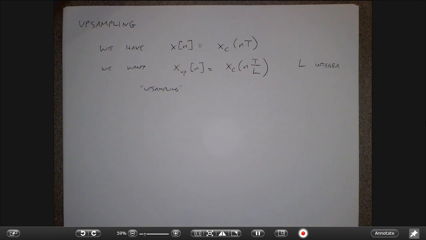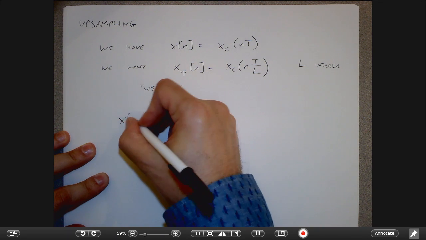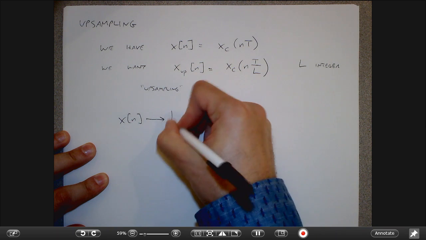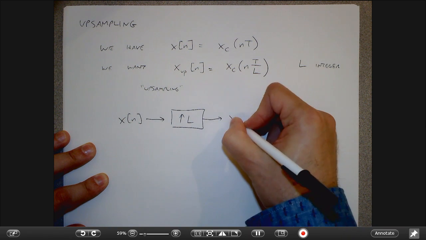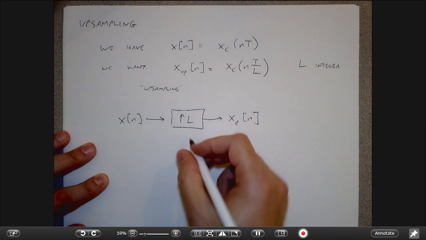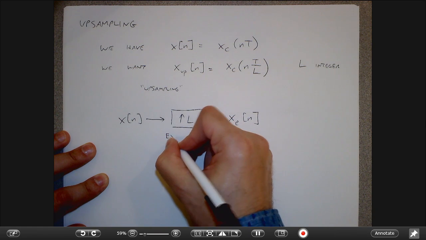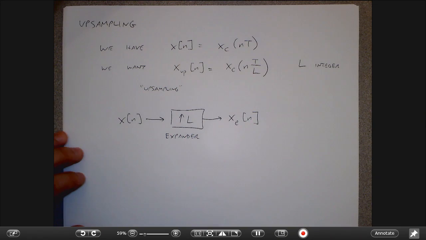And just like there is a little block that looks like a little down arrow, there's also a little block that looks like an up arrow. Just like the other guy was called a compressor, this guy we can call an expander. So what does that do?